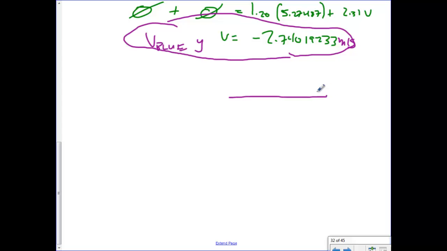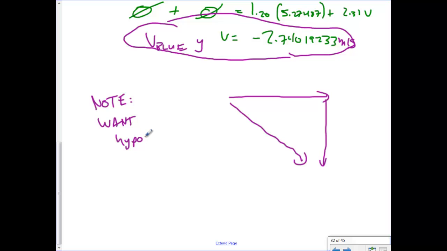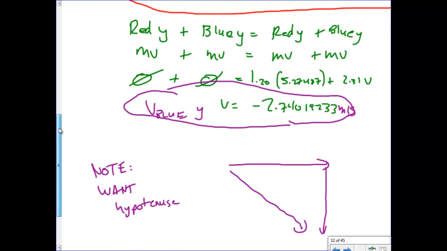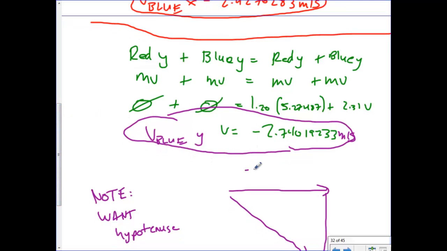Now we can make a triangle. So the blue ball went this way and this way. So we actually want the hypotenuse. Does this seem familiar to one of our first units? Like we did a ton of this. I made sure to practice it way back then so that it seems kind of familiar now. So where are these numbers?